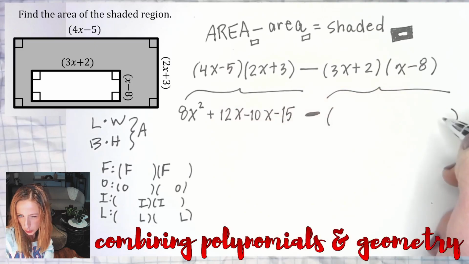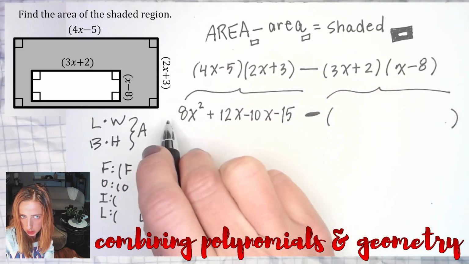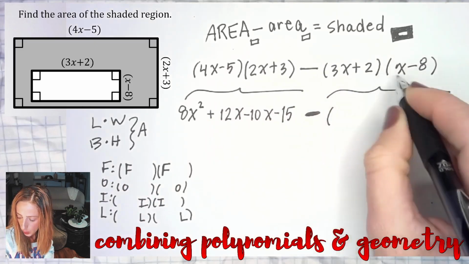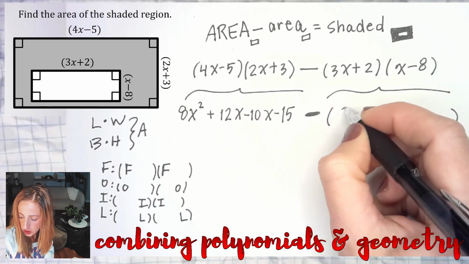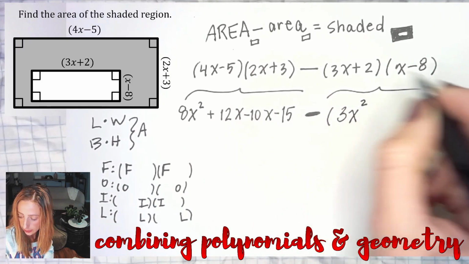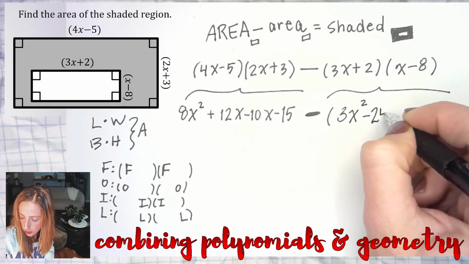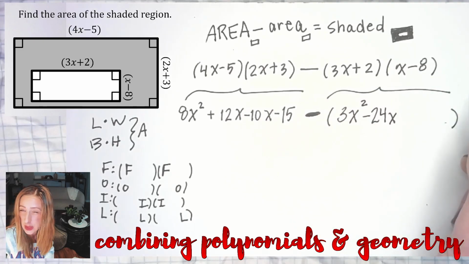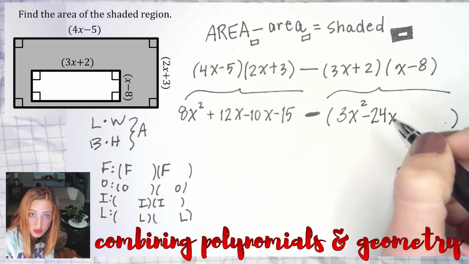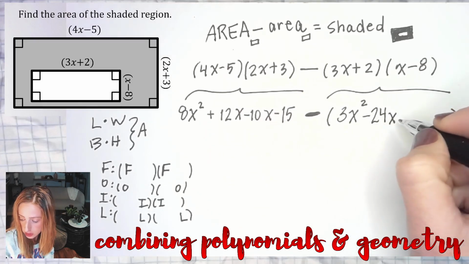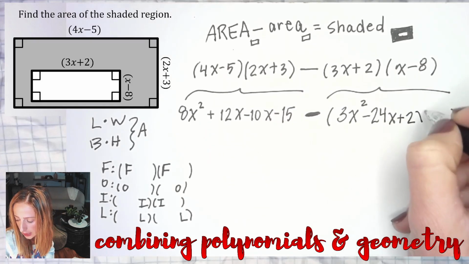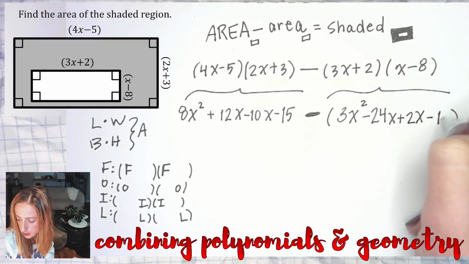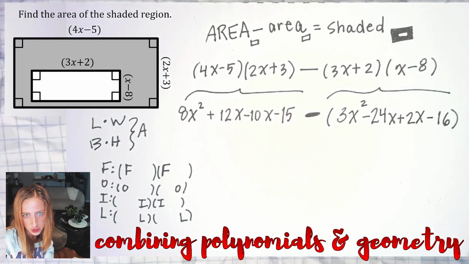Again, I don't need parentheses around this because I don't have a minus in front of it. Over here, first times first, 3x squared. Outer is minus 24x. I see a lot of people do 3 times 8 is 21. That's 3 times 7. Make yourself flashcards. Inner is plus 2x, last is minus 16. So there we are.